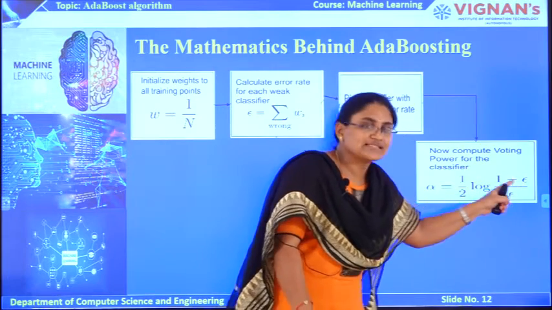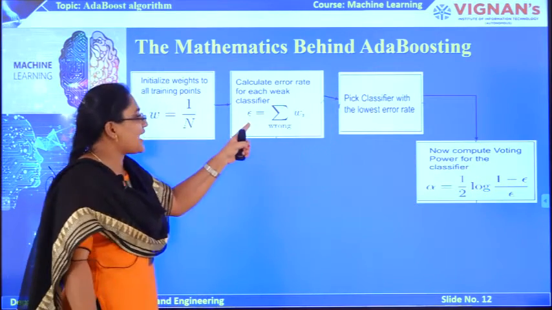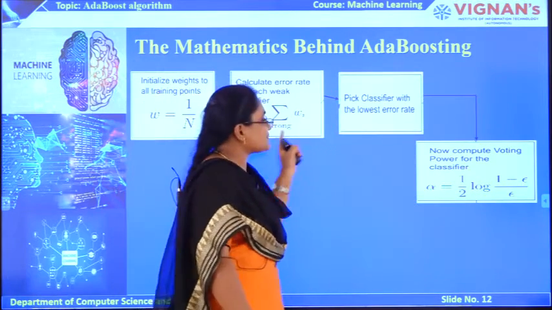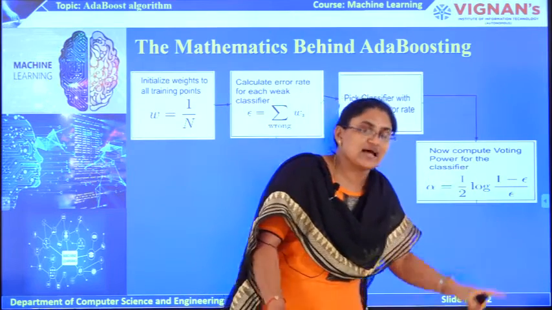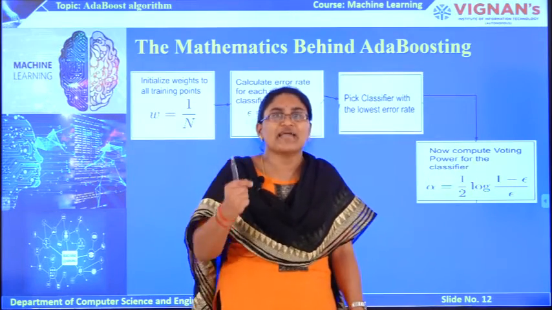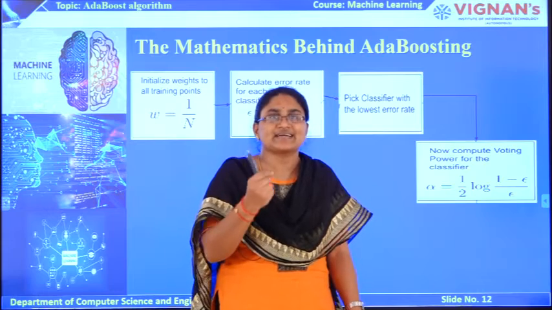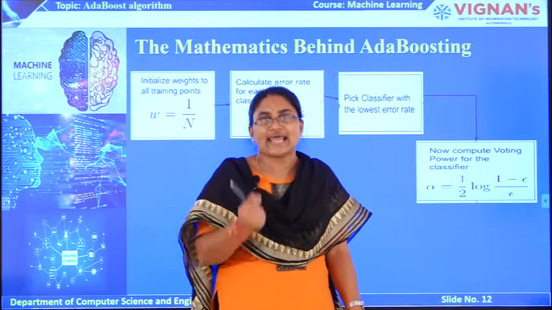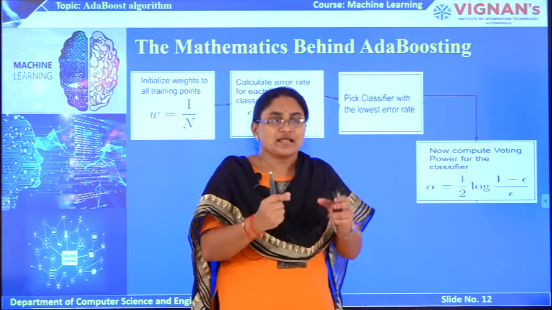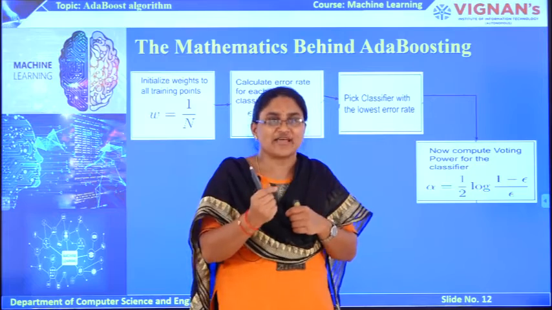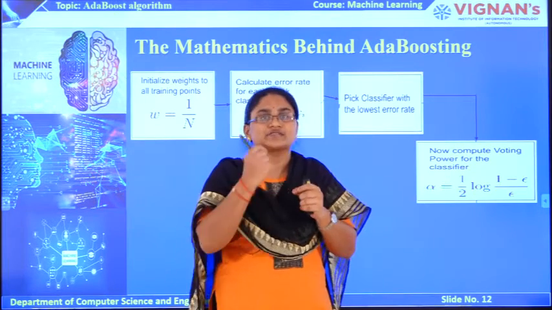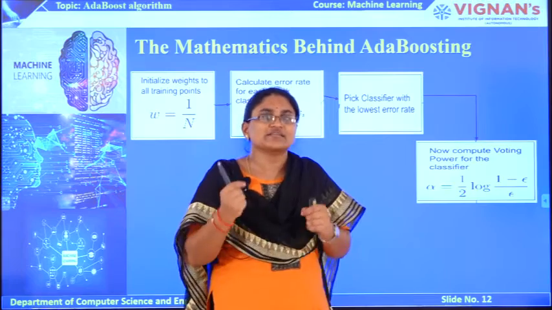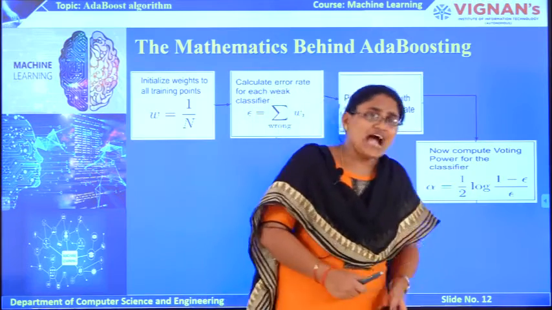Here epsilon is the total error rate. The alpha gives the influence of the selected base classifier, which means how influentially we use it for constructing a strong classifier.